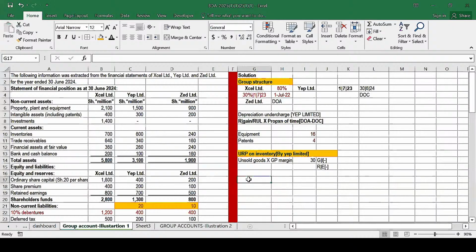So the amount of intercompany debt is not the same.